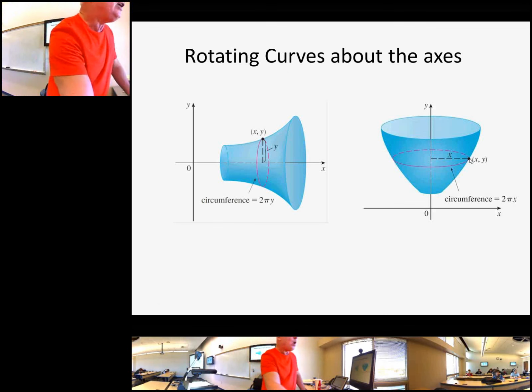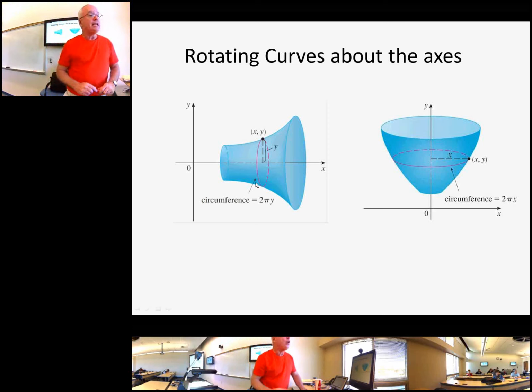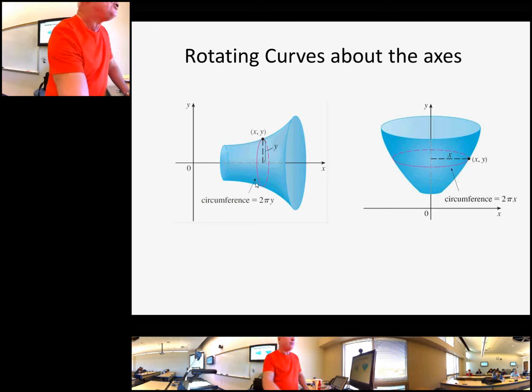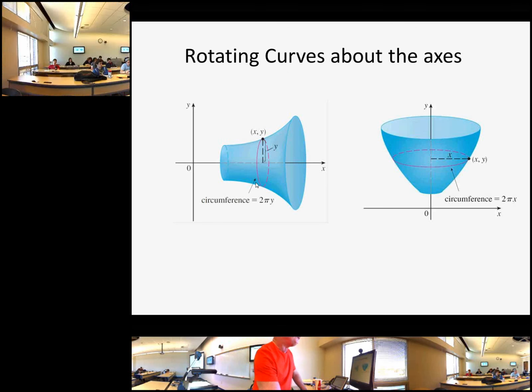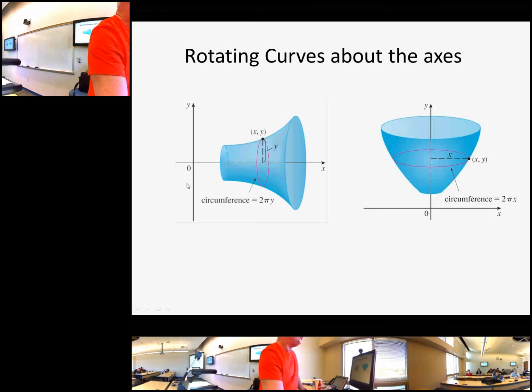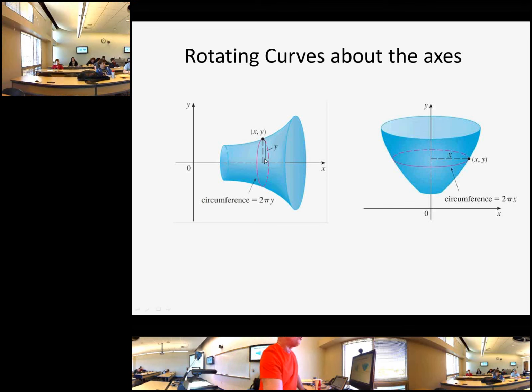What we do is similar on the left-hand side. This time we're rotating the curve around the x-axis, so we get these vertical circles. Again, the circumference of the circle is going to be 2 pi times the radius, but in this case, because it's going around the x-axis, the radius is the y value on the curve.